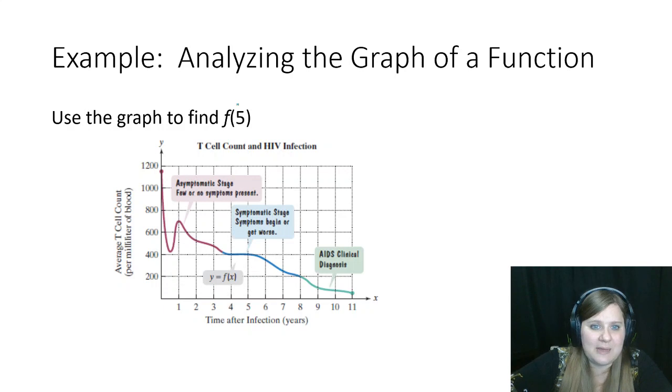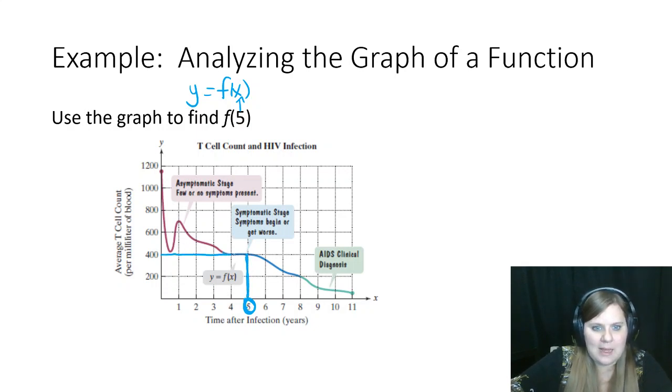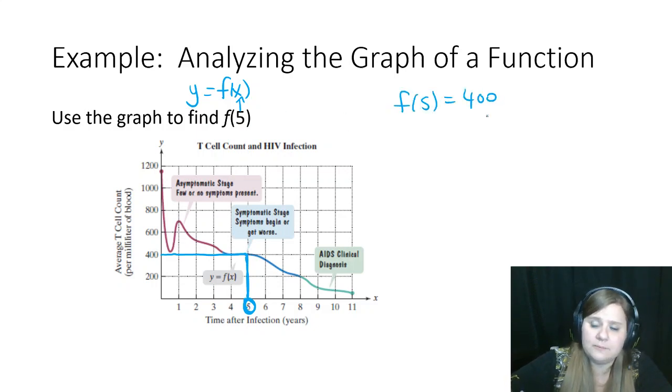This is f of x. Okay, so 5 is my x. So I go to where 5 is on the x-axis, and I say, okay, f of 5. I know y equals f of x, so it's asking me for the y value. So when x is 5, y is 400. So f of 5 equals 400.